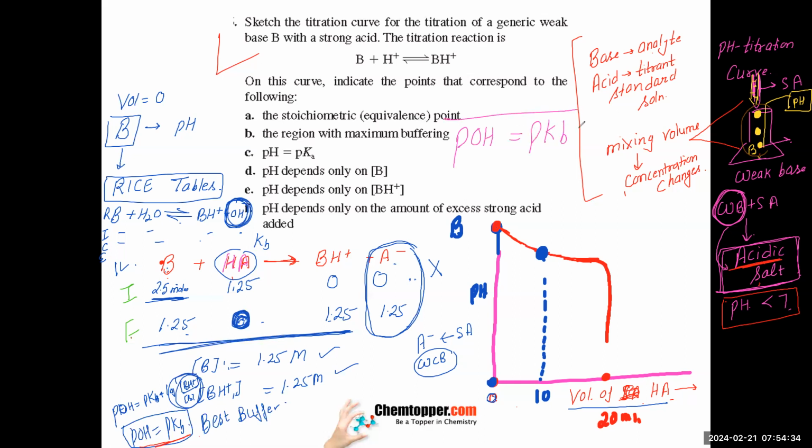You can see my writing here. What is pH? pH is 14 minus pOH, right? Or you can say pOH is 14 minus pH. Can I write like this? You know this equation? pH plus pOH is?